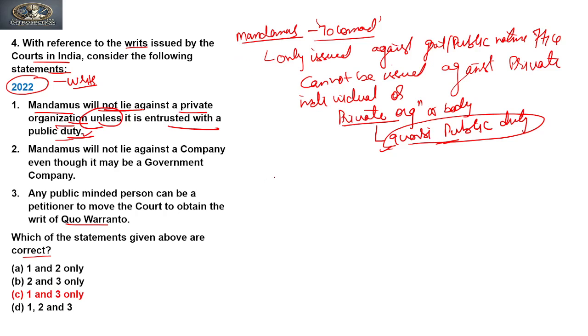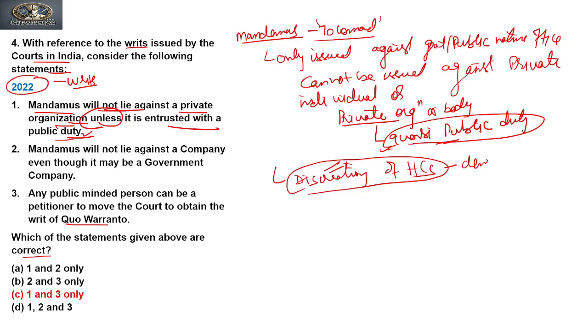And one of the features of the writ of mandamus is that it is discretionary for the High Court. It is up to the High Court whether to issue mandamus or not, so the High Court can deny the issue of mandamus. Is it clear? So the first is true.